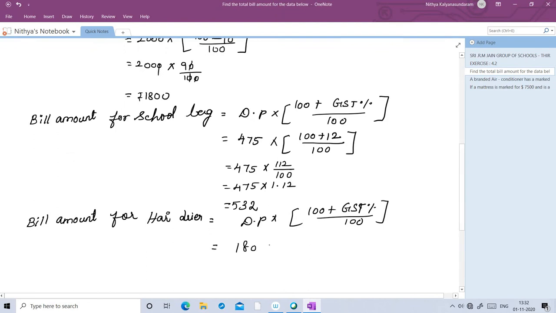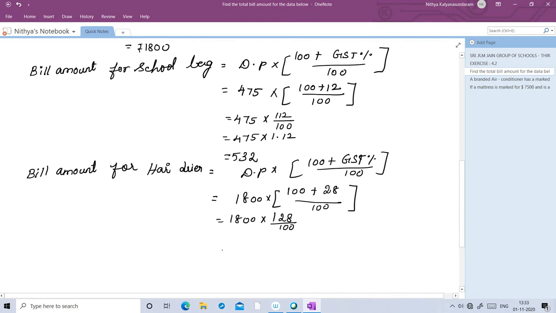So 1800 into 100 plus the GST of the hair dryer, which is 28%. 100 plus 28 divided by 100. So 1800 into 128 divided by 100. So 128 divided by 100 is 1.28. While you are multiplying, 1800 into 1.28 is rupees 2304. So this is the bill amount for the hair dryer.